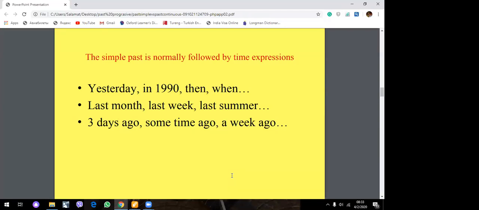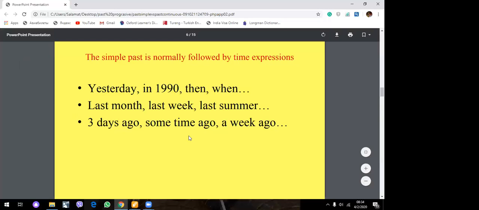The time expression is yesterday, in 1990, or in 2015, then, when, last month, last week, last summer, last year, 3 days ago, some time ago, a week ago. We use these time expressions in the past simple.